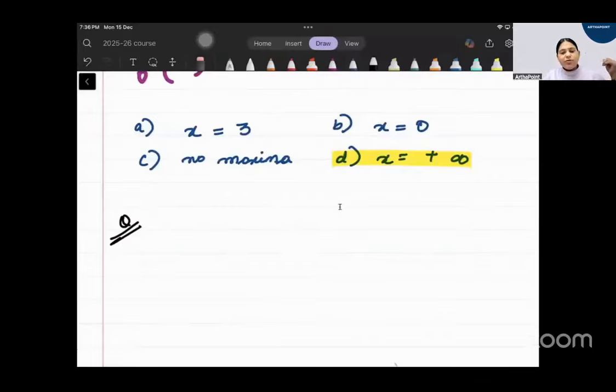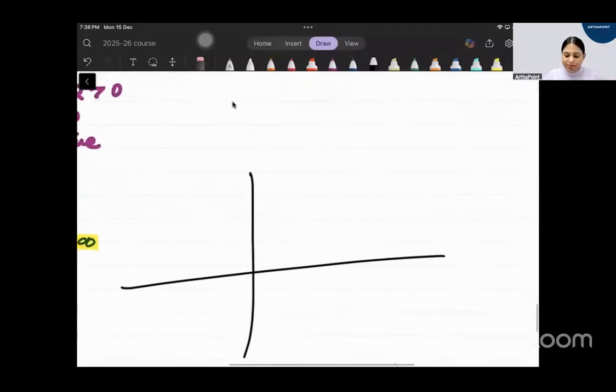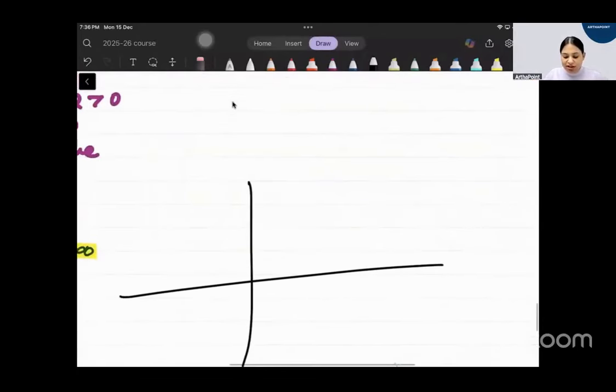If we are not able to find a minima, then what is the case? Then no maxima, no minima. That's okay. It may happen. Let's take a simpler example. Let's say my function f(x) is simply x, and I tell you x is defined for all real values, meaning I don't give you a limit.